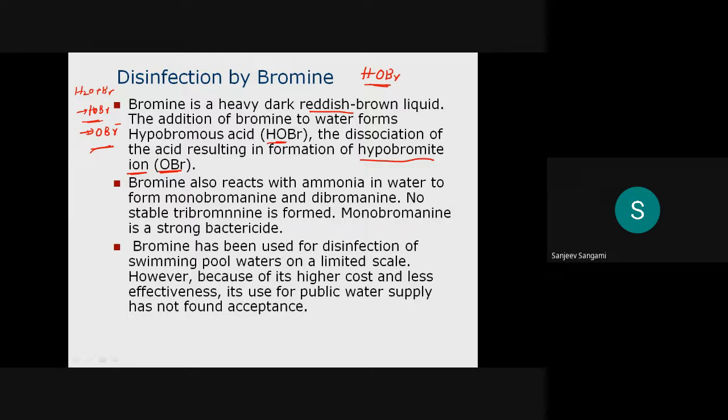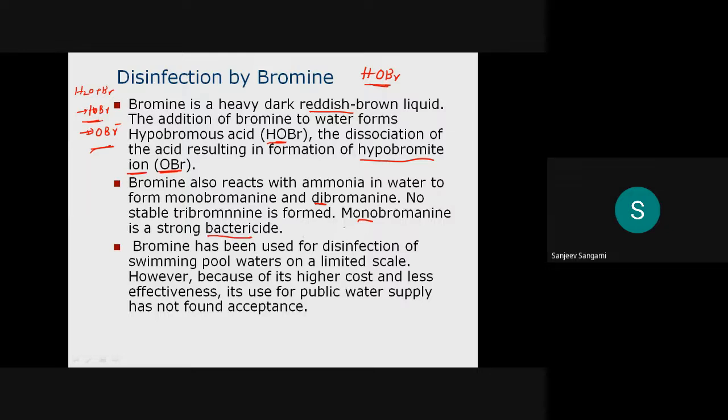Also, this bromine reacts with ammonia in water to form monobromine and dibromine. Okay. No stable tribromine is formed. Only two, that is mono and di, which is a strong bactericide.